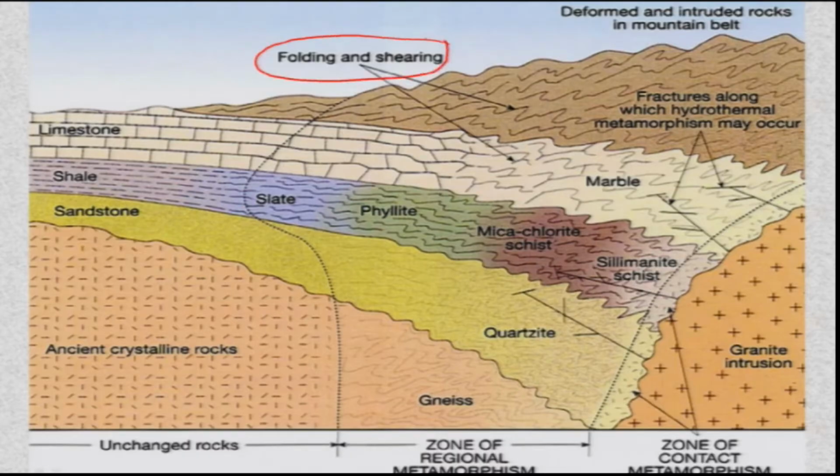This folding and shearing also will result in metamorphism, and the deeper part, of course, has the advantage of high temperature and pressure. So these are some of the examples which have been given, which say that deformed and intruded rocks in the mountains are subjected to fracturing and metamorphism.